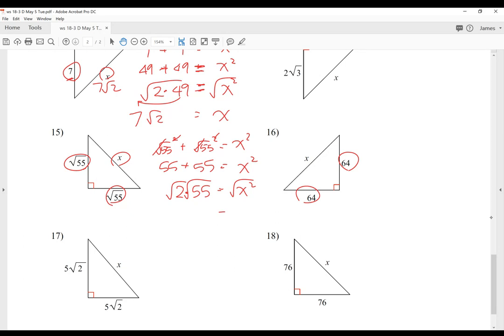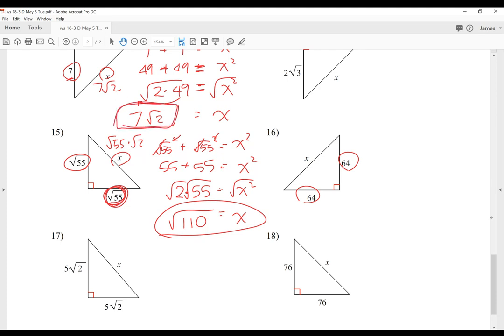So what we have is we still have square root of 55, but we times it by square root of 2. So this is square root of 55 times square root of 2, which turns out to be square root of, oh yeah, we do need to multiply this time, or add 110. That's the answer. So with the 7, you couldn't multiply 7 times square root of 2, you're done.